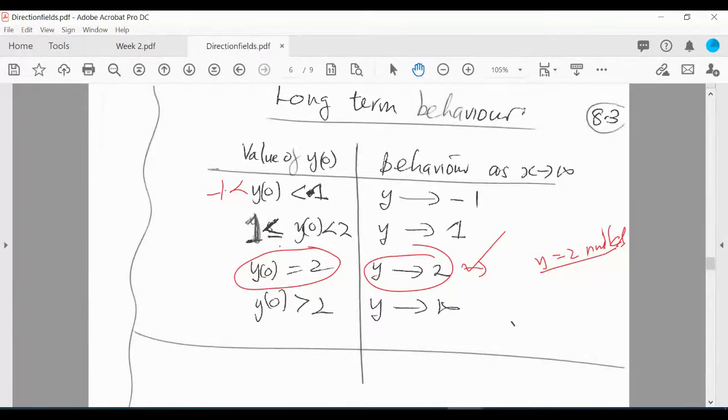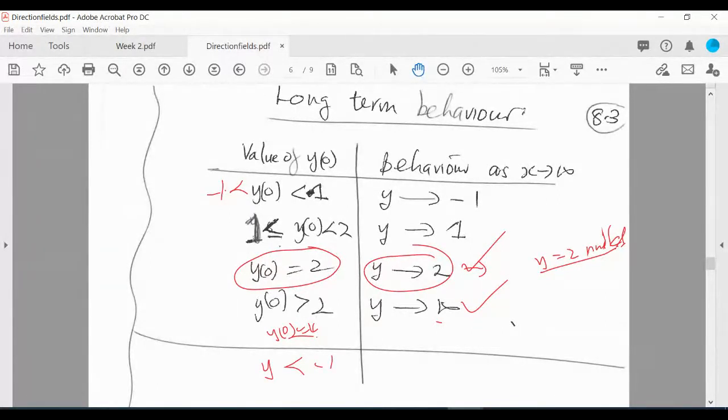So this is okay. And then for y greater than 2, this is where we chose y of 0 equal to 4, and we saw where y is going. What is in here is not an exhaustive representation of the intervals. For example, y less than minus 1 is not there.